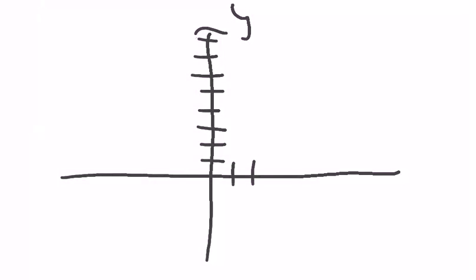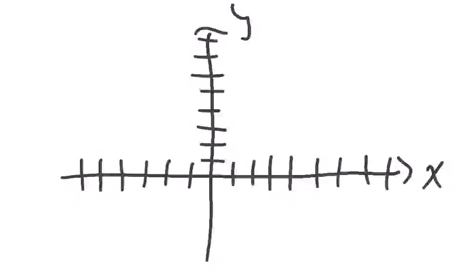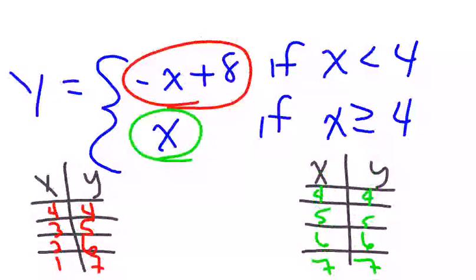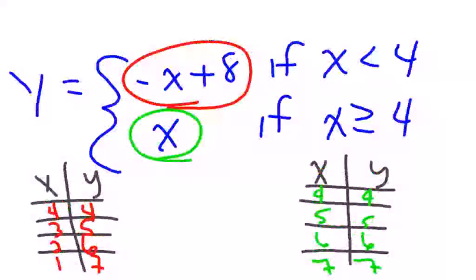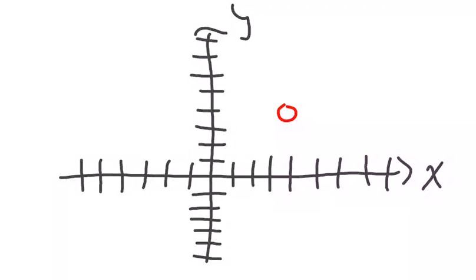Now we want to plot those on the same graph. So 4, 4 is here, and that's our starting point because 4 was not included on the top one. 3, 5, 2, 6, and so on.